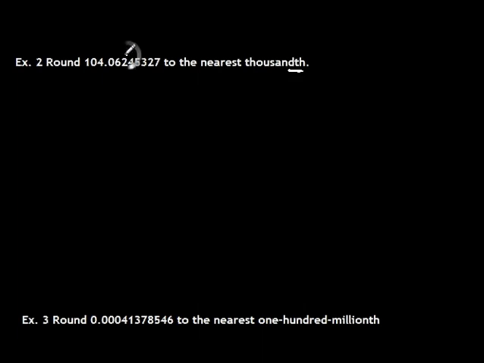So we circle the 2. That's the number we're going to see if we change by looking at the 4. Well, the 4 is less than 5. That means this is not going to change. So we're going to just say 104.062. We rounded it to the nearest thousandth.